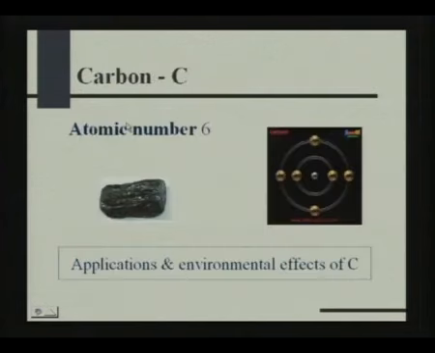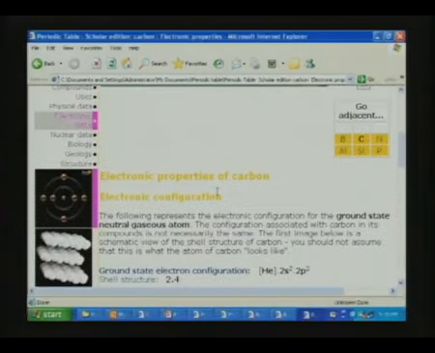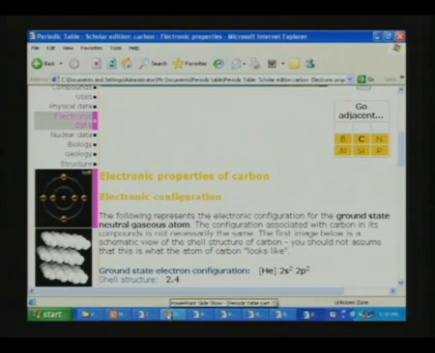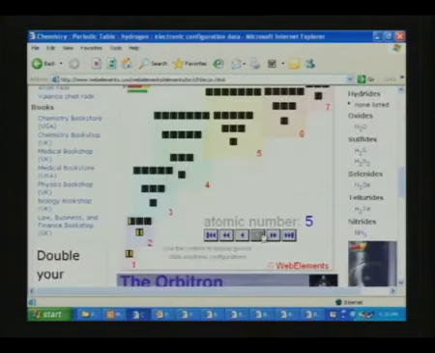Next we come to carbon, atomic number 6. Now this is very interesting, because in carbon you will see a direct outcome of Hund's rule of maximum multiplicity. You see, this is atomic number 6. So instead of the second p electron entering the px level and making a pair, it enters the py level.